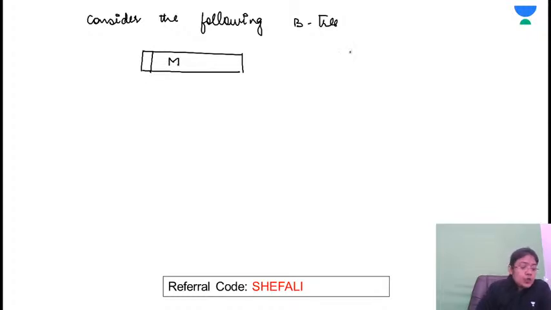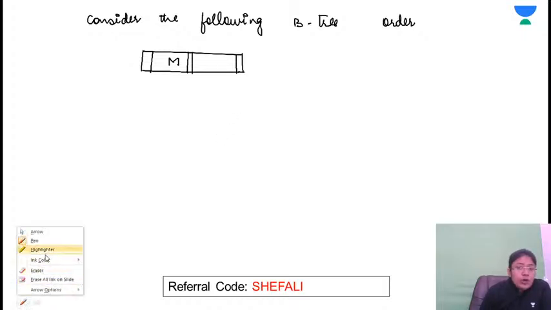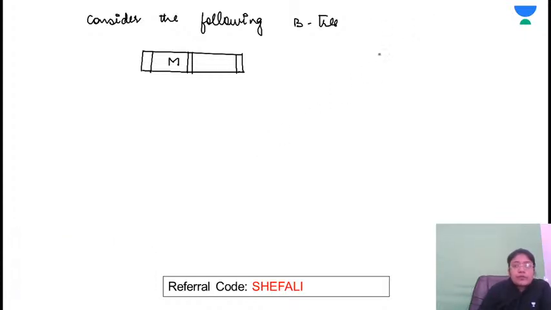And let's assume that the order is 3. Order of the tree is 3. Or let's take a tree with more order. Let's say that order is 6. Order is given as 6.